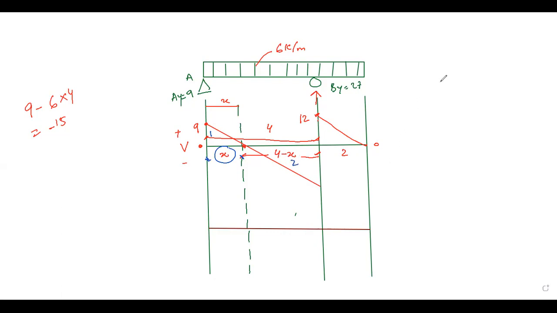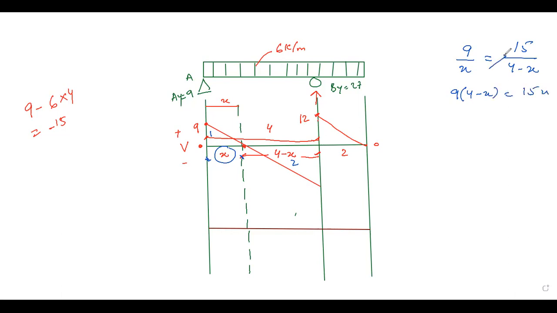Using the method of similar triangles, 9 over x is equal to 15 over 4 minus x. 4 minus x is this distance, and 9 over x is this distance. We just multiply this way: 9 times (4 minus x) is equal to 15x.